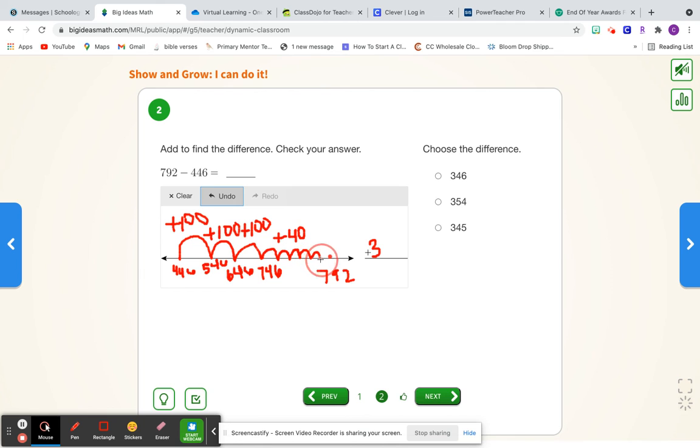If I go up 5, I'm at 791. And if I go up 1, I'm at 792. So we had 3 hundreds, we have 4 tens, and 6 ones. So our answer is 346.